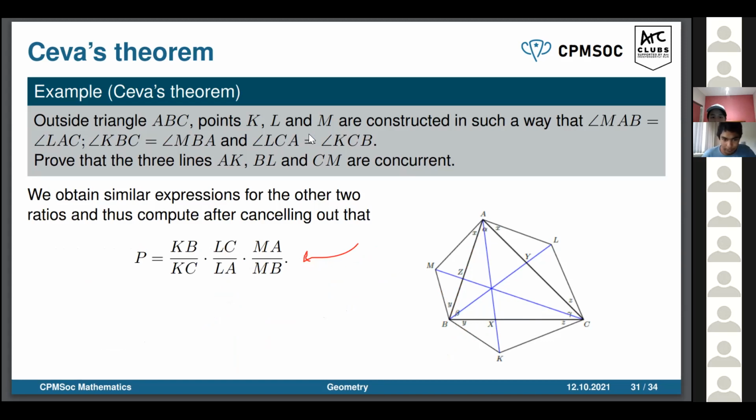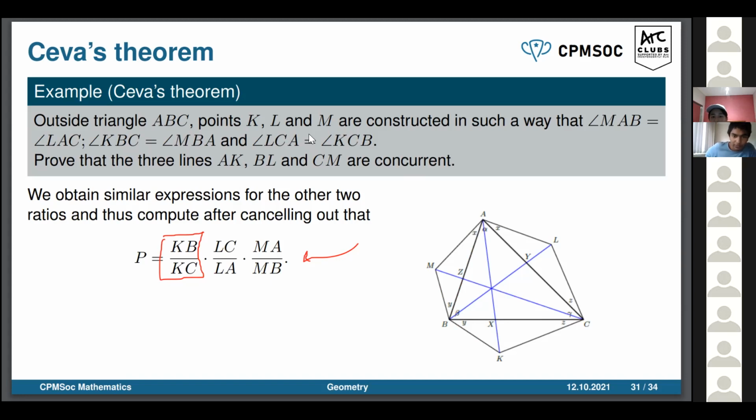So now the product of the ratios is KB over KC times LC over LA times AM over MB. So now we have to see if we can find another expression for this ratio KB over KC.